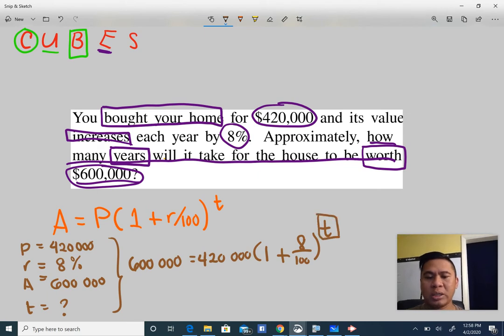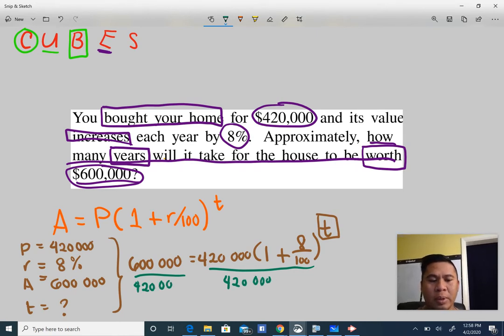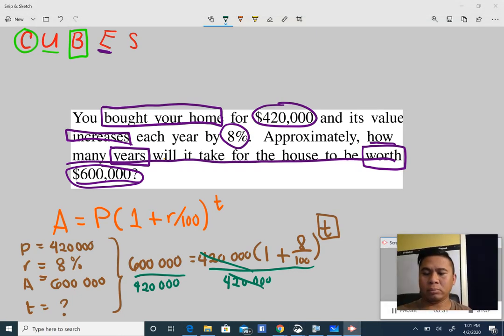In order to solve for t, the first thing we need to do is remove the 420,000, so we're going to divide everything by 420,000. Obviously on the right, it will cancel out. Let's figure out what the answer will be.